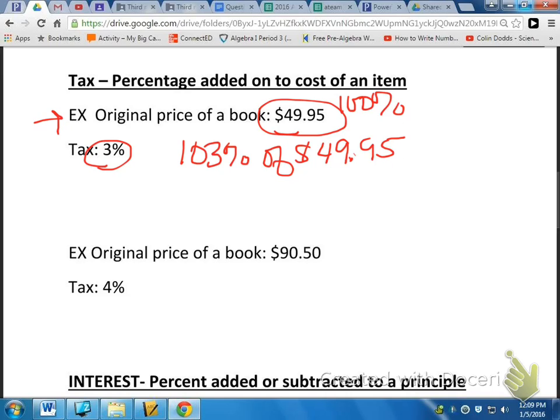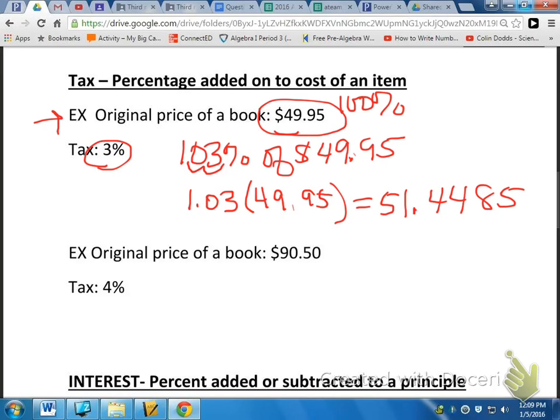When you change 103% to a decimal, you move it over 2, so you would take 1.03 times $49.95. Okay, so 1.03 times $49.95 comes out to 51.4485.